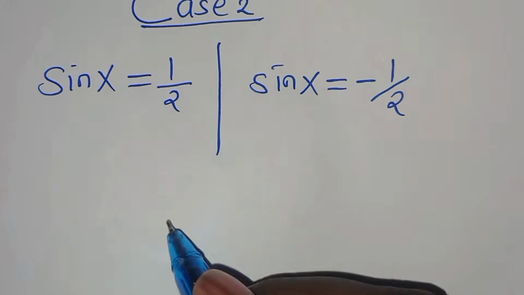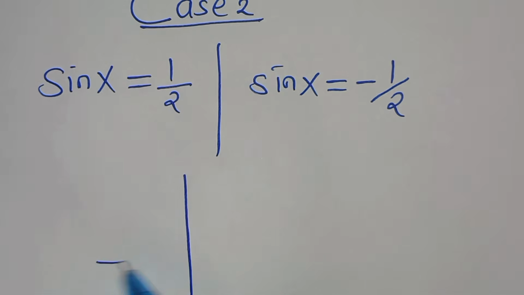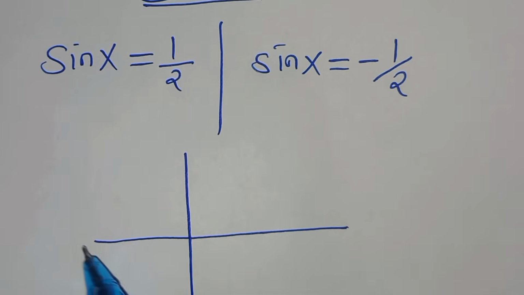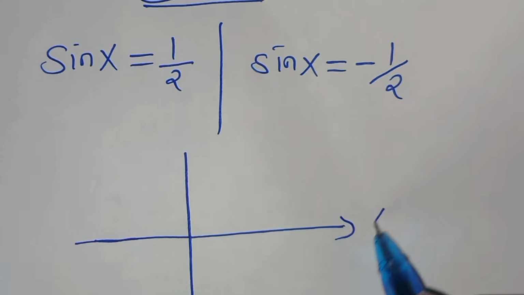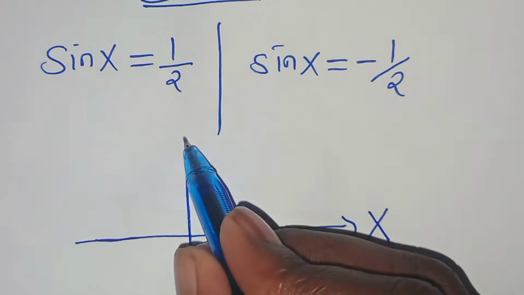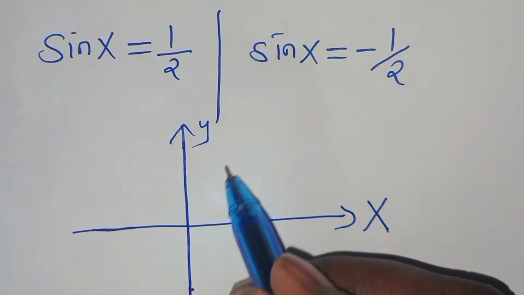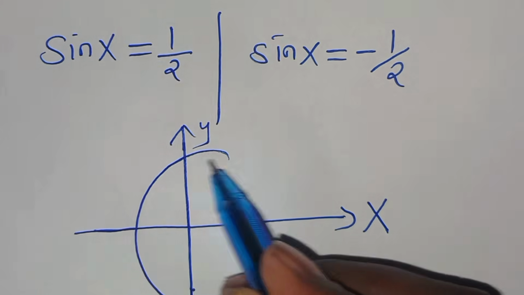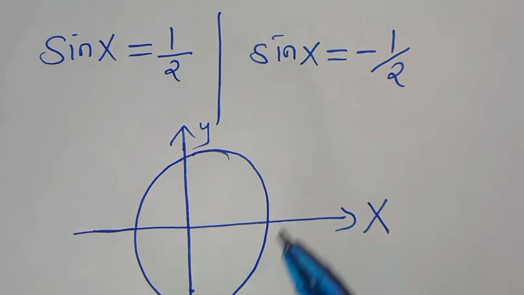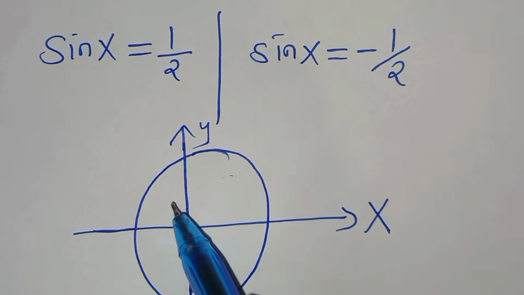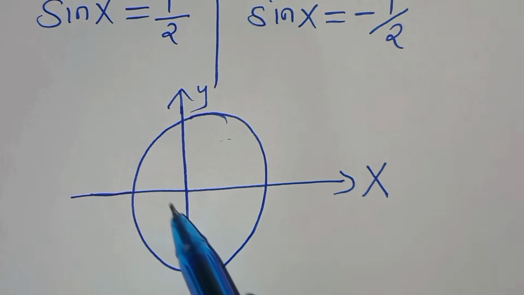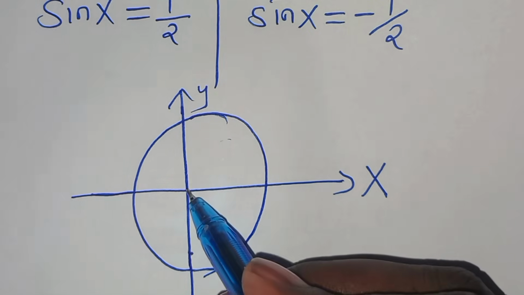Now, let's have a graphical representation here. So we have, this is the x-axis, this is the y-axis. So this is the first quadrant, this is the second quadrant, this is the third, and this is the fourth.